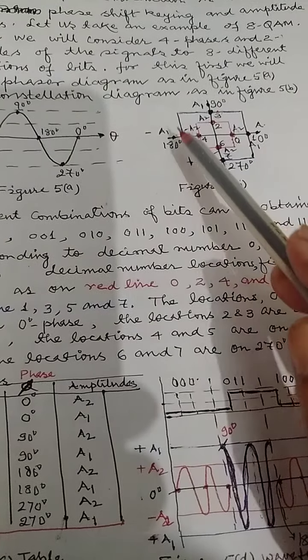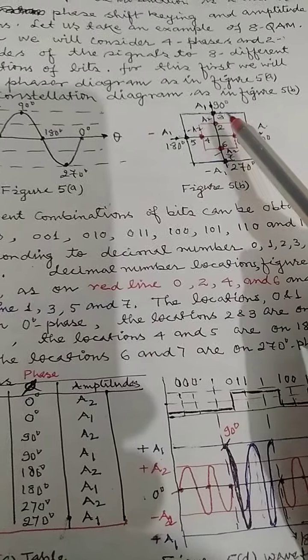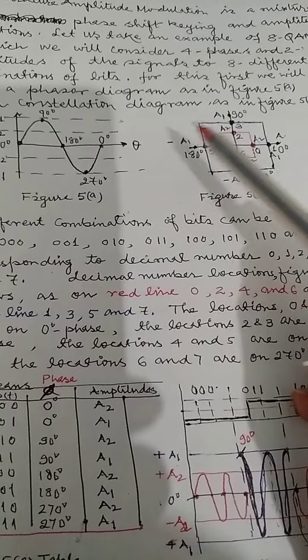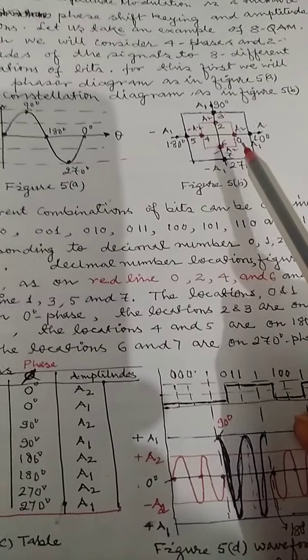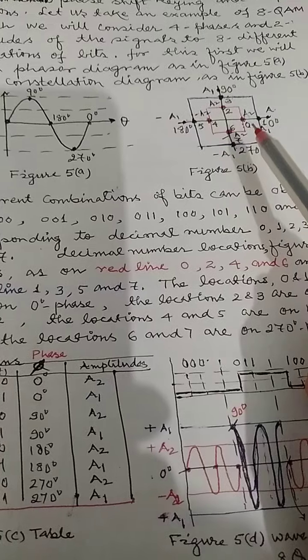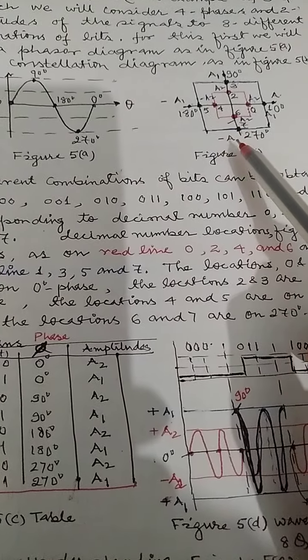So 2 amplitudes and 4 phases are used. That's why it is a combination of phase shift keying and amplitude shift keying. We have labeled the combinations 0, 1, 2, 3, 4, 5, 6 and 7.